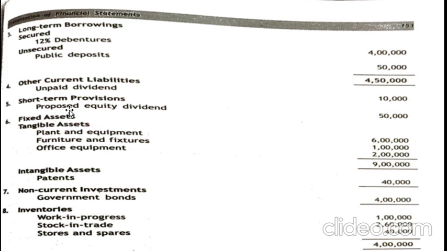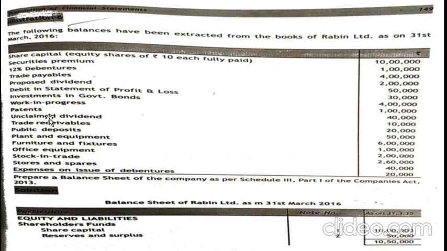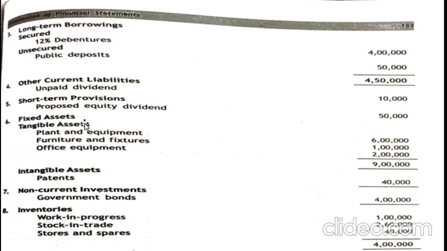It is a provision where you will be giving it to your equity shareholders in the upcoming years. So it is a short-term provision. In the question we have proposed dividend, so we will take it under short-term provisions. So 50,000 is your proposed dividend.